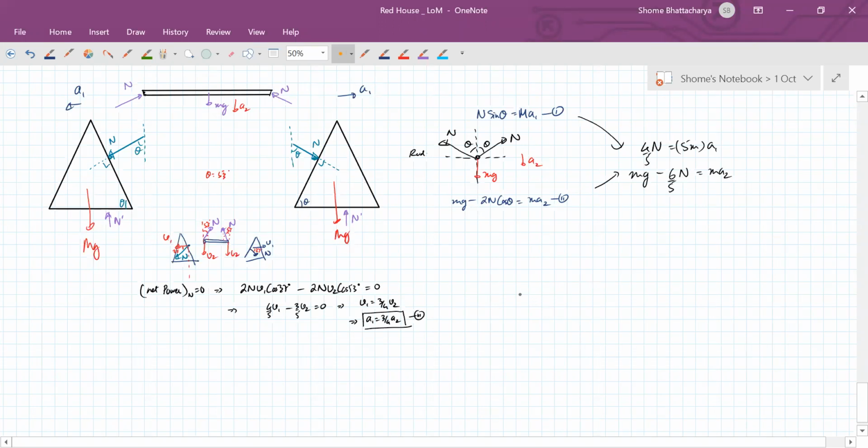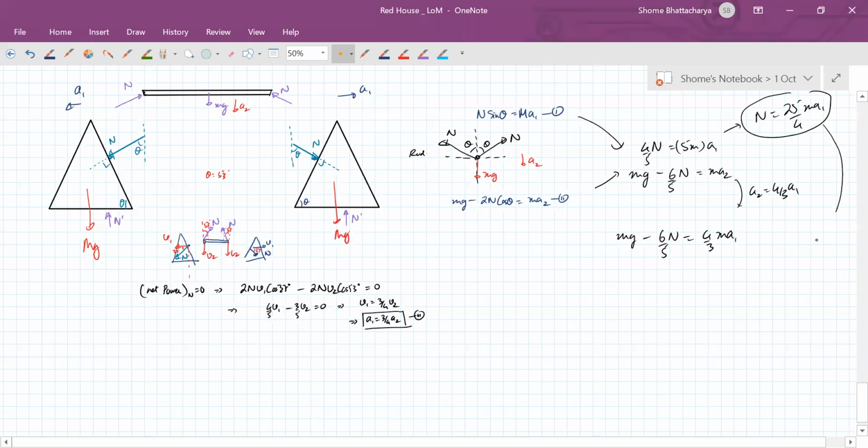Okay, so we can substitute a2 as 4 by 3 a1. So we have mg minus 6 by 5 N is equal to 4 by 3 m a1, and from the above equation we can substitute N as 25 by 4 m a1.